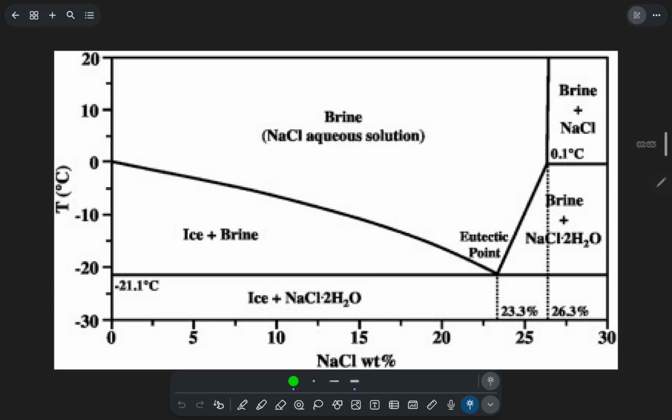I'm going to do 5 sig figs on this one, and I'll tell you why in a second. So 0.024641. So that's my number of moles.